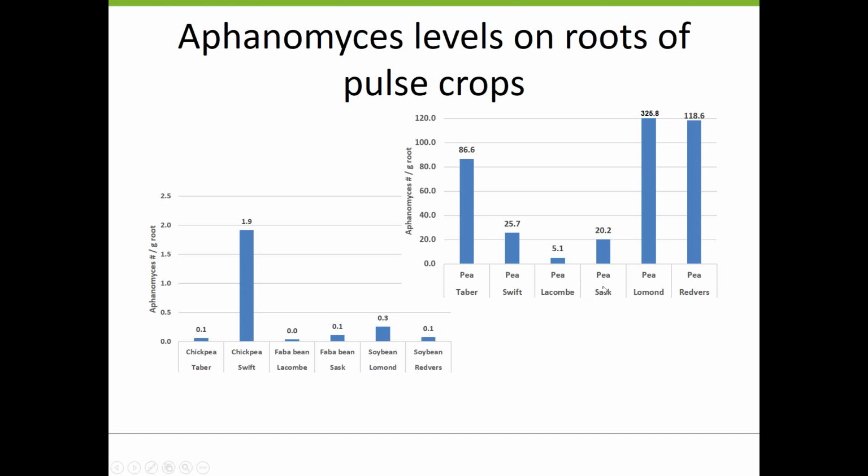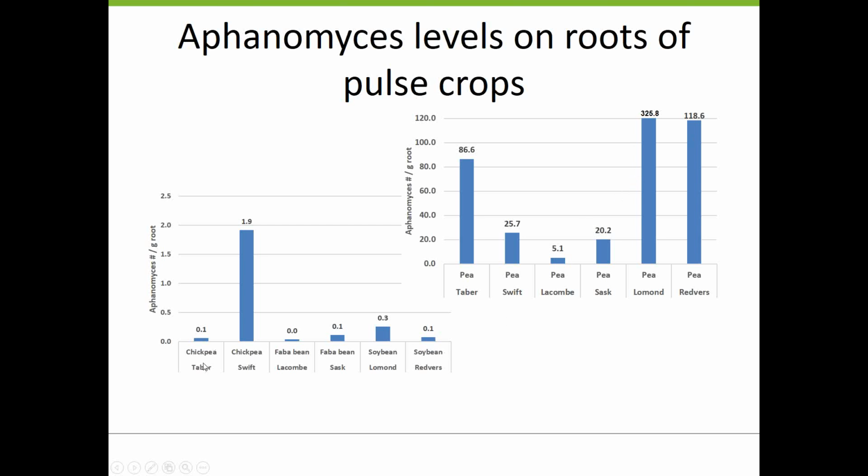And then it kind of ranges. This is Saskatoon, fairly low. Swift Current is fairly low. And then we get to these extremely high numbers here in Lomond and in Redvers. This one I actually didn't even take the bar all the way up, but 325 oospores per gram of roots. And I think that's just an indicator of showing how these oospores can get left behind in the soil.